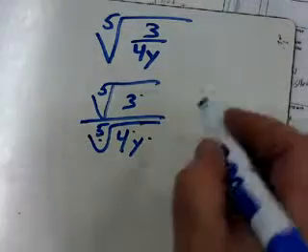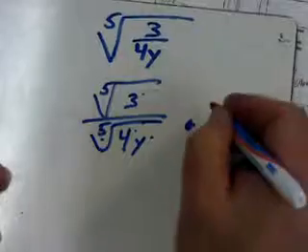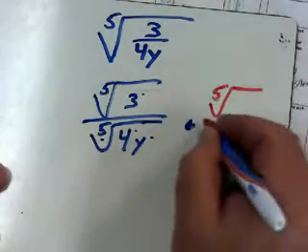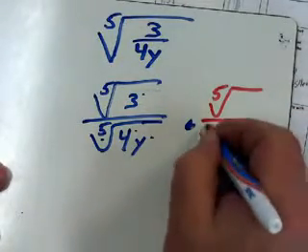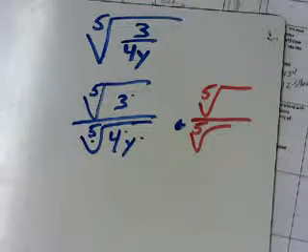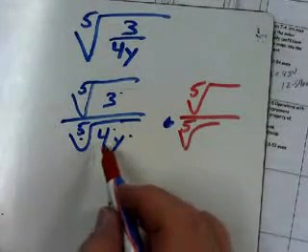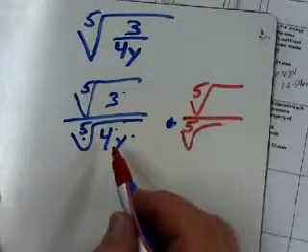So I'm going to have to multiply both the numerator and denominator by the 5th root of something. So I start looking, and keep this as simple as possible.